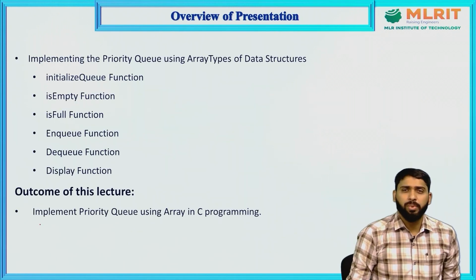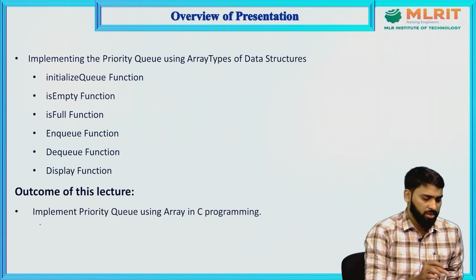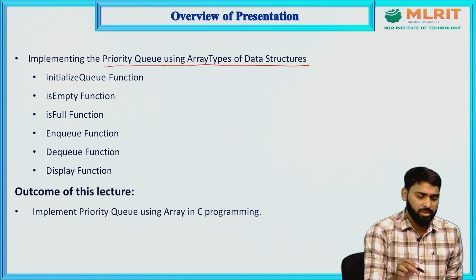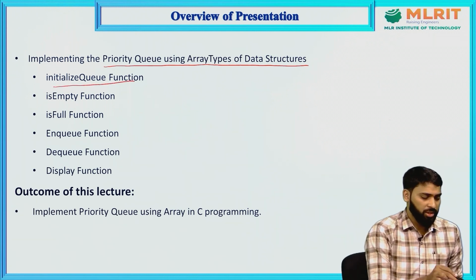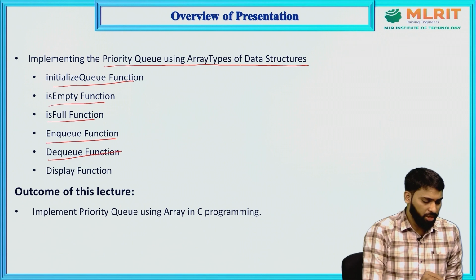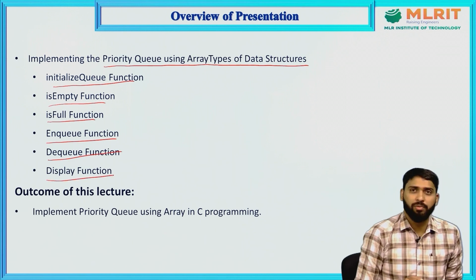So, overview of presentation. Here we are going to implement the priority queue using array data structure. Here we are going to write initialize queue function, isEmpty function, isFull function, enqueue function, dequeue function and display function.